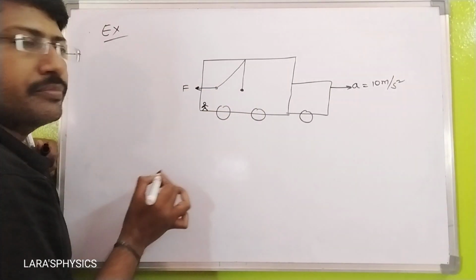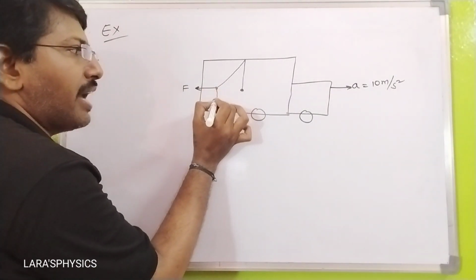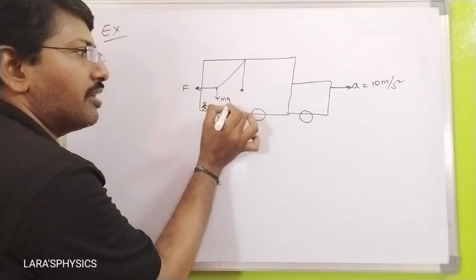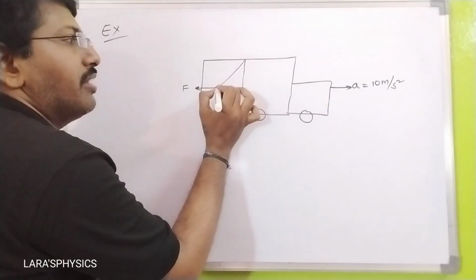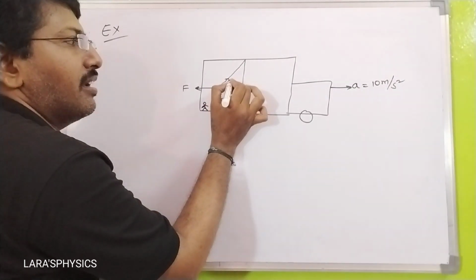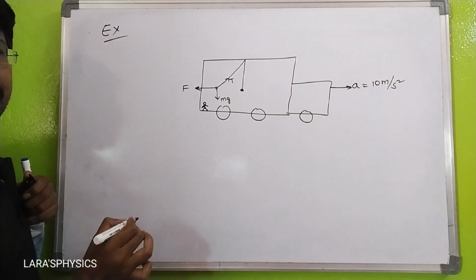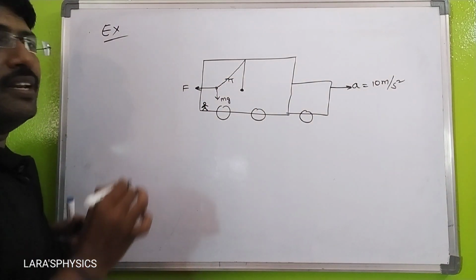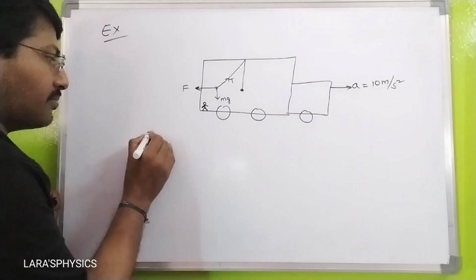The weight of the body is acting downward, mg. The tension in the string acts along the string, T. Now it is in equilibrium.